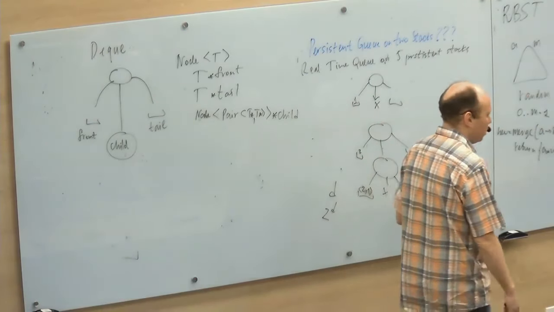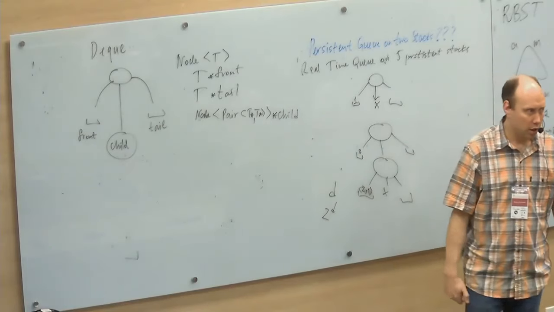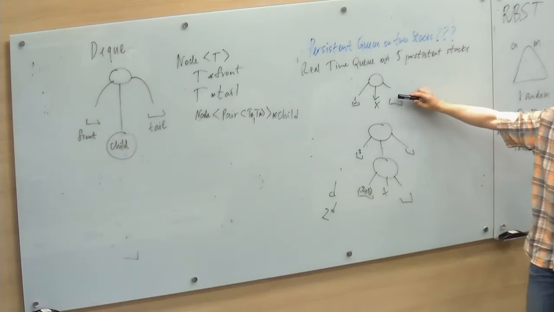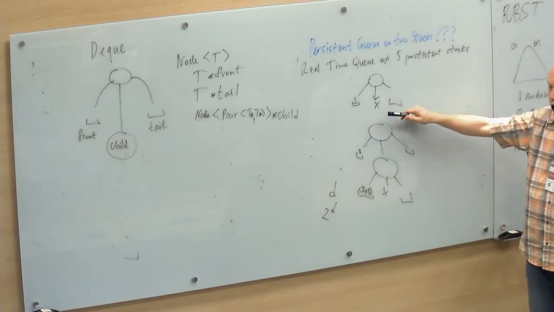When you pop and the buffer at the side that you want to pop from is not empty, you just take the value from there, and it's okay, it's your popped value. If you want to pop and the buffer is empty, for example, we want to pop from here, we look at our child.